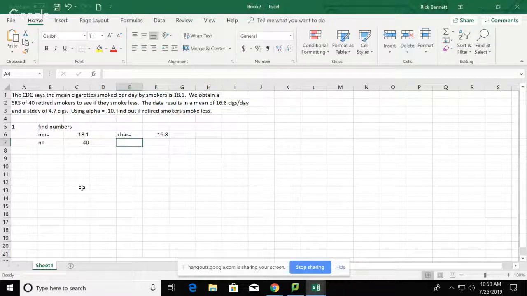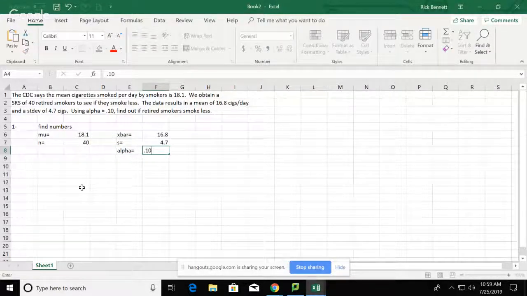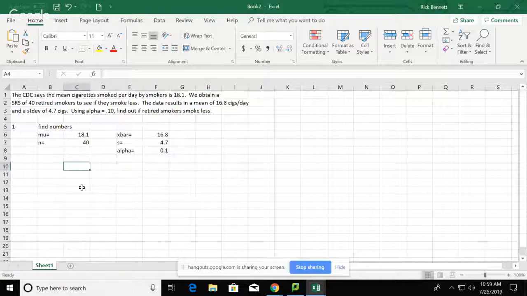And we also know our alpha. This time we're going to use 0.10. Okay. Is there anything else I need? Nope.